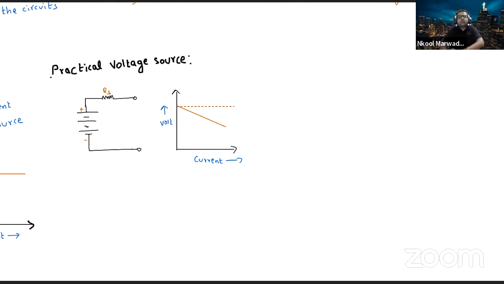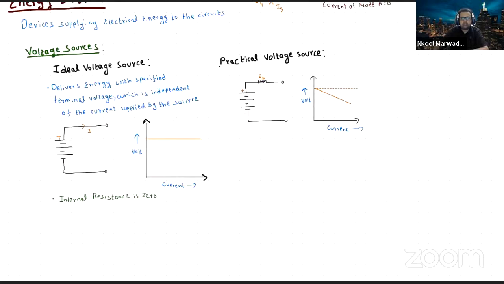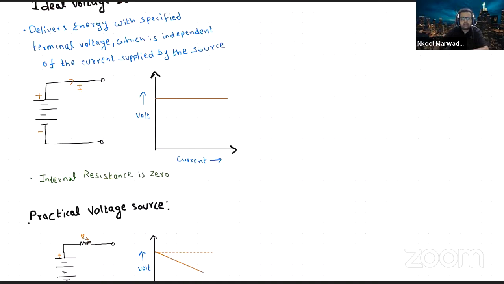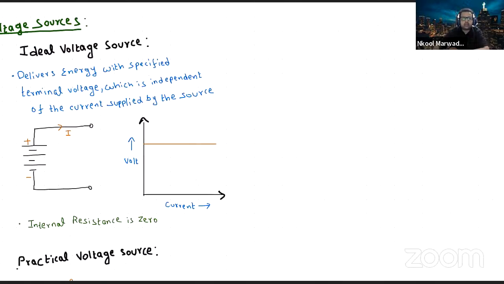So there is internal resistance. Let me bring it in the same frame. Copy. Now I can discuss the current source. Like the voltage sources, we have current sources.